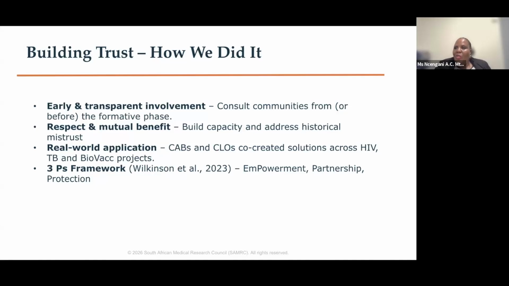It is always crucial to ensure that trust is built by working on the real-life problems of their communities. And when we engage the communities, we always apply the three P's framework, which talks to empowerment, partnership, and protection of the research that we do. Can we move to the next slide?